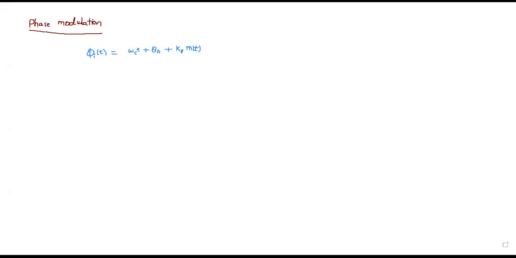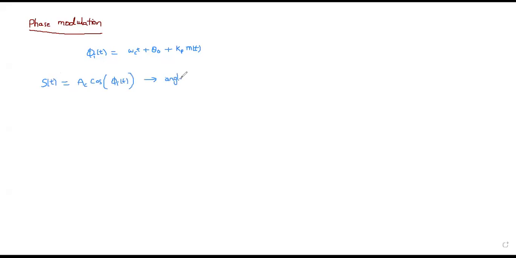Now, what is the mathematical structure for an angle modulated signal? If I say S of t is an angle modulated signal, which is defined as AC into cos of phi I of t, this is a general template for an angle modulated signal.